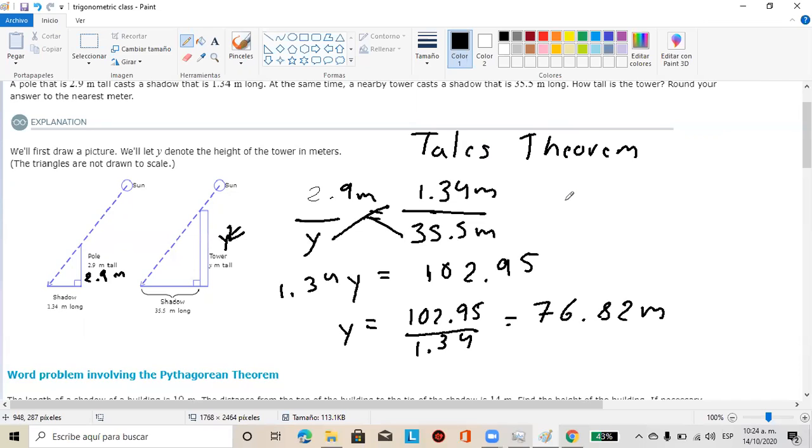Or if you want to look on the internet or something like that, it is indirect measures. This topic is very easy because you have to make a relationship between one side and the other side, and this is equal to the opposite side over the other opposite side. They are similar triangles, so they have the same angle measures, so they have a relation between them.